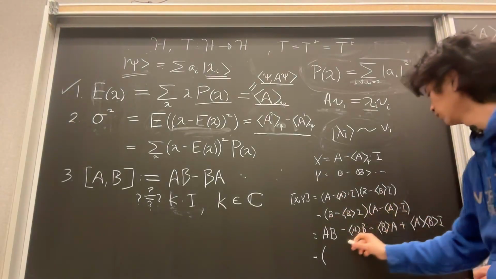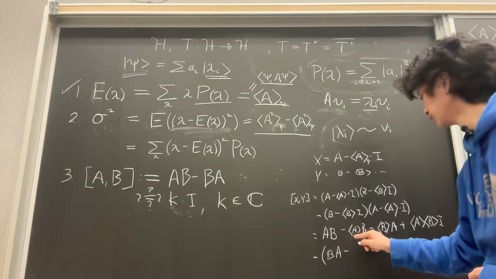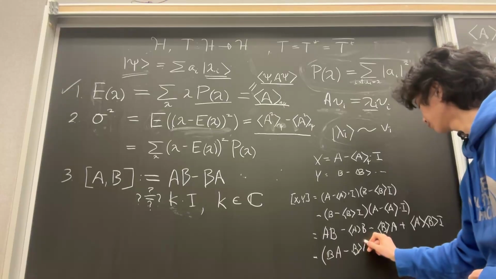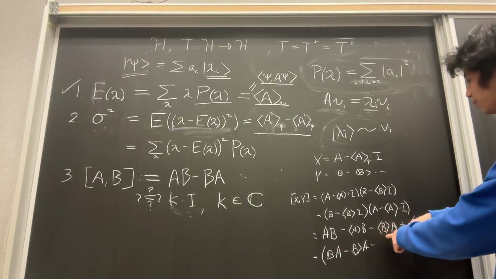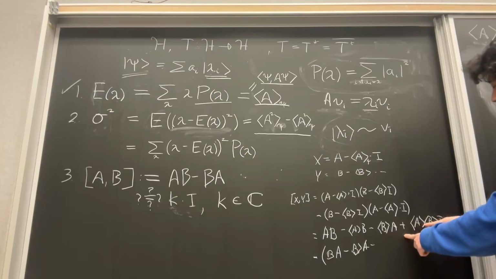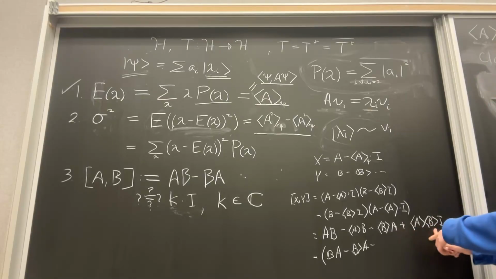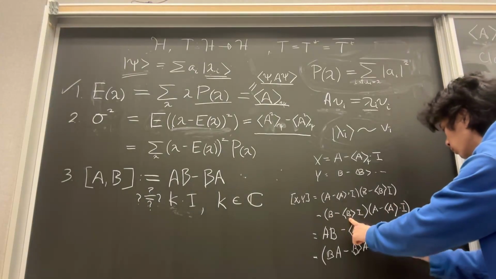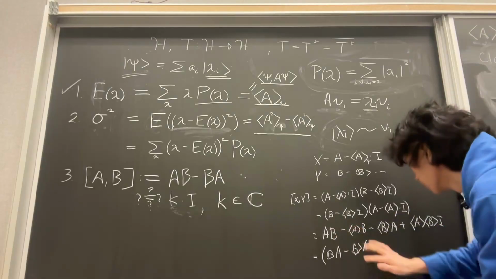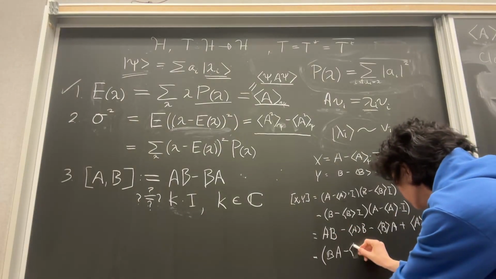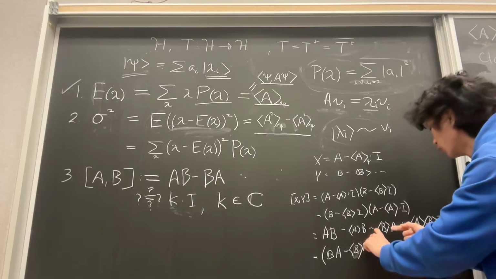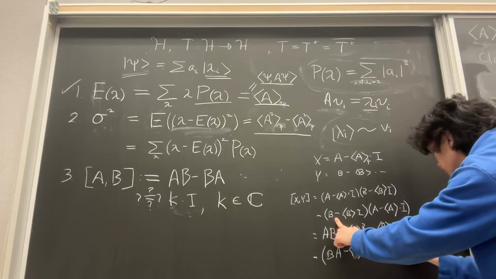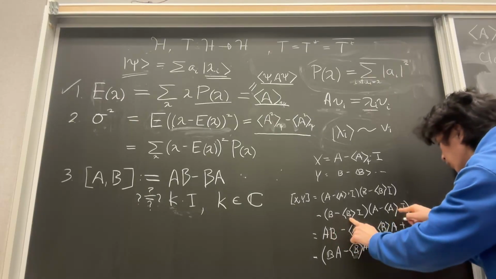So here you have BA minus, this would be B average times A. And then you can see this would be A average times B, and then plus A average times B average, right? So this would be these two terms. Oh, wait, sorry. No, these two terms. These two terms, yes. And then these two terms.